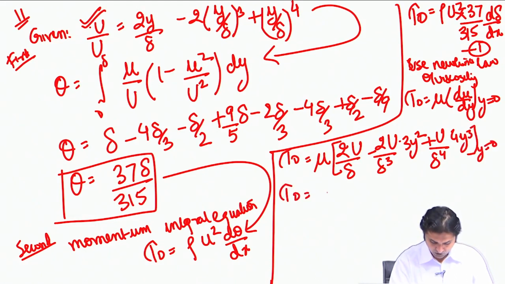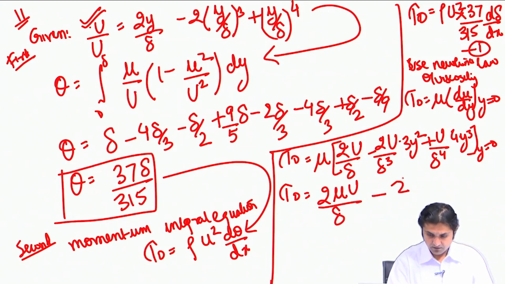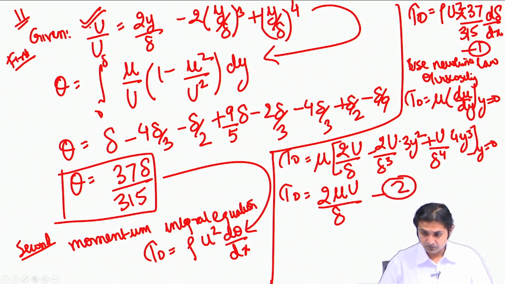Therefore you get tau naught is equal to 2 mu capital U by delta. This is number 2.